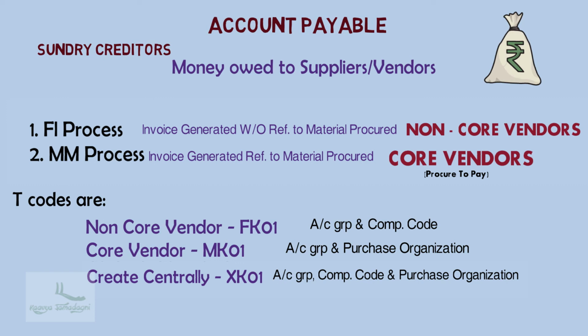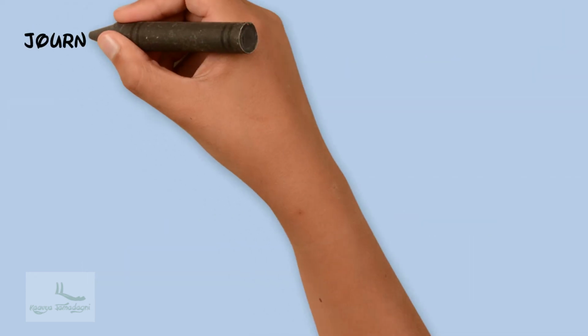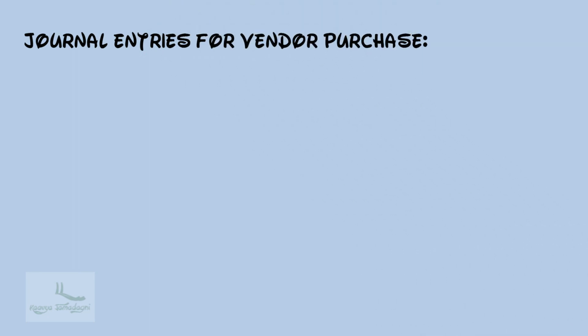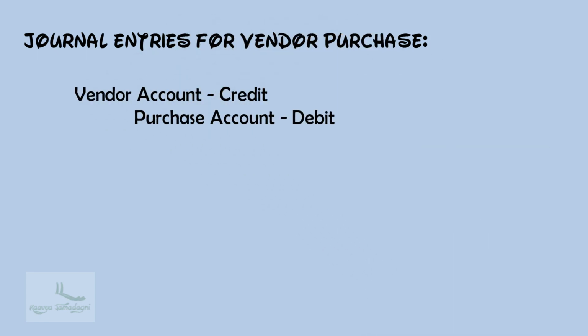Now let's look at the vendor purchase scenario, wherein the company purchases the product from the vendor on credit and will make the payment at a later date. When we generate the vendor invoice, the journal entry will be vendor account credit and purchase account debit.